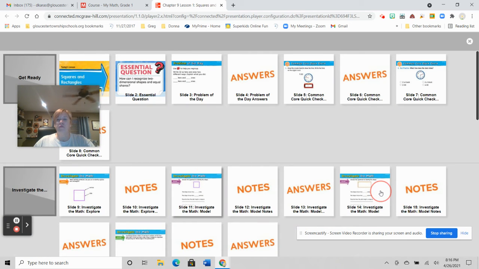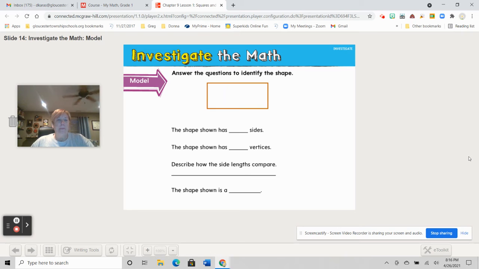Okay, so now let's go to our next investigation. Here we go for this one. How many sides does this shape have? How many vertices does it have? Now let's describe how the side lengths compare. That's right, 2 are long, 2 are short. And what is this shape known as?